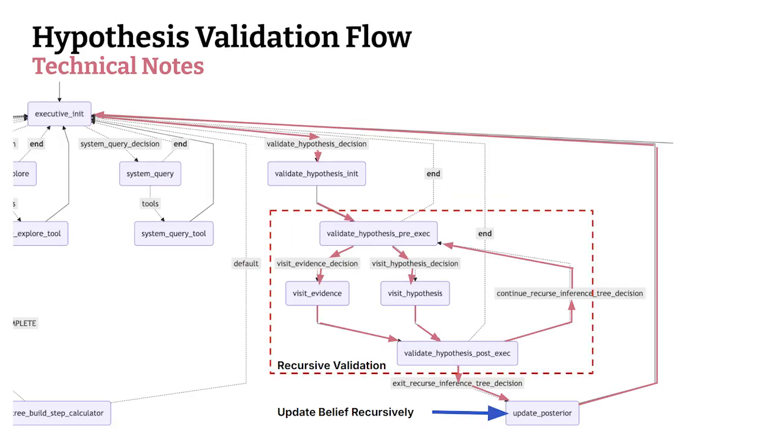And this is the other loop, which recursively validates each of those sub-hypotheses, and then ultimately updates the posterior, which is the thing you see at the bottom, and that aggregates back up all the way to the root hypothesis.